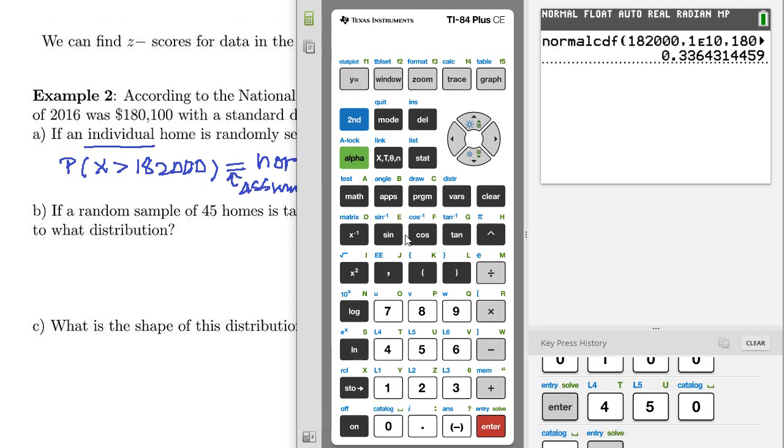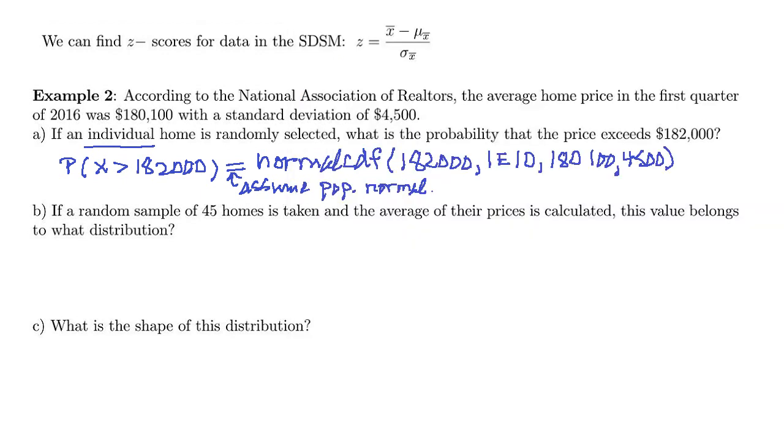Paste it, 0.3364. So assuming that the population is normal, there's a 33% chance that an individual home price would be over 182,000.